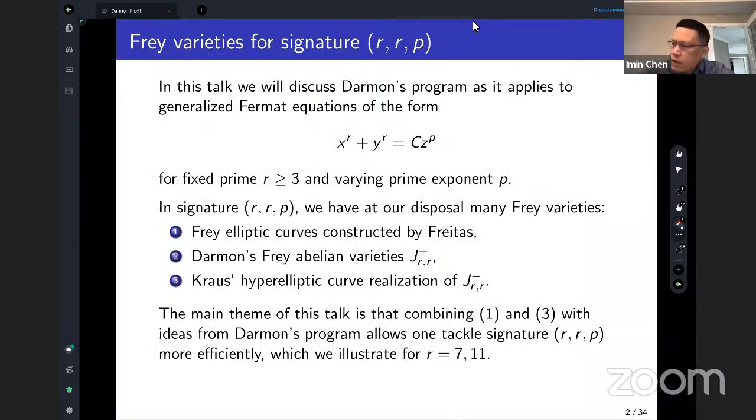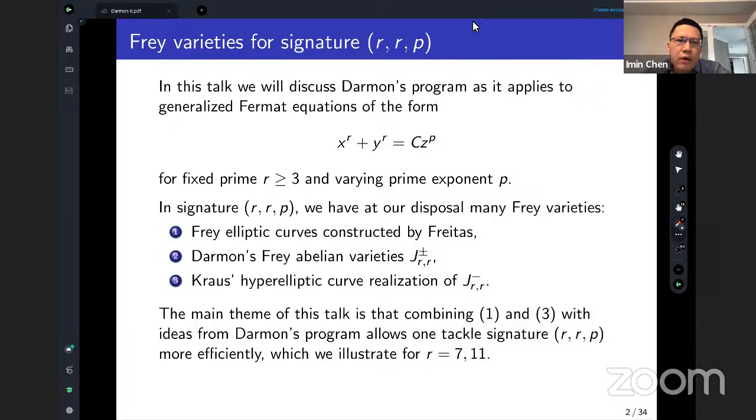I'll be focusing my attention on generalized Fermat equations of the following form: x^r + y^r = c z^p. Here r will be a fixed prime greater or equal to 3, and c will be a fixed constant, and the prime exponent p will be the one that's varying.